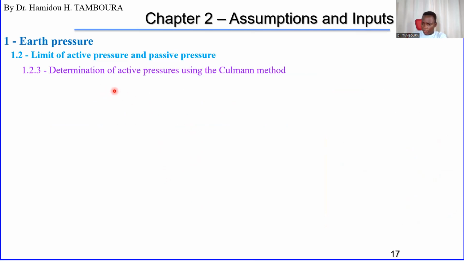There is another method, the determination of active pressure using the Coleman method, or Culmann method. This method is graphical, in case you cannot obtain the active pressure using analytical or theoretical formulas.